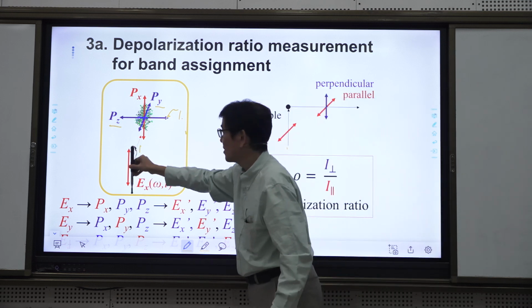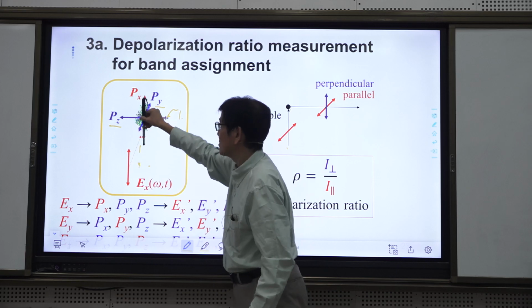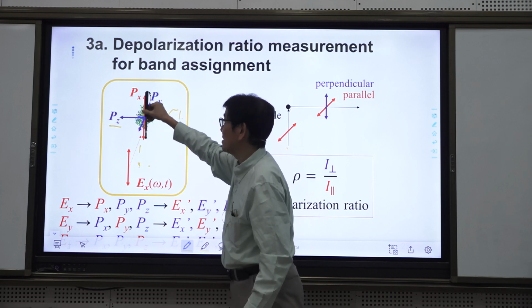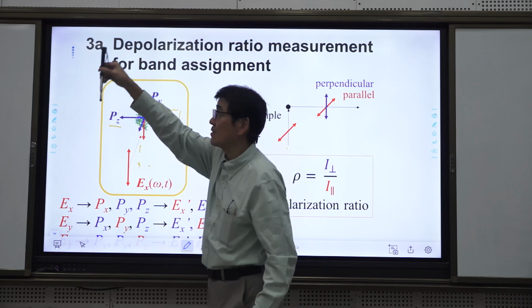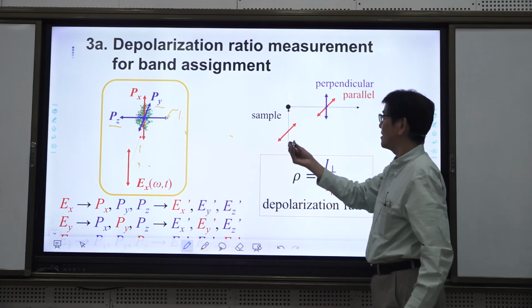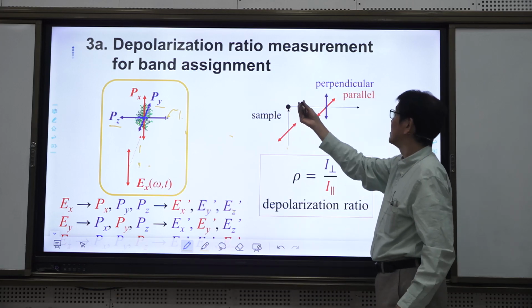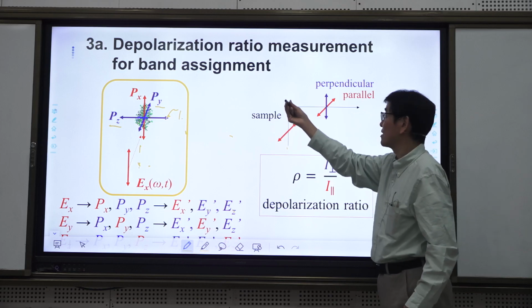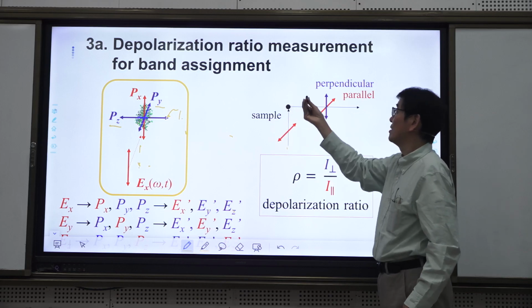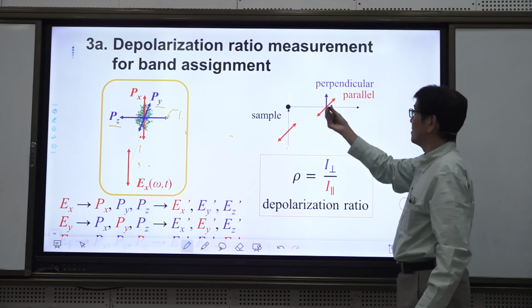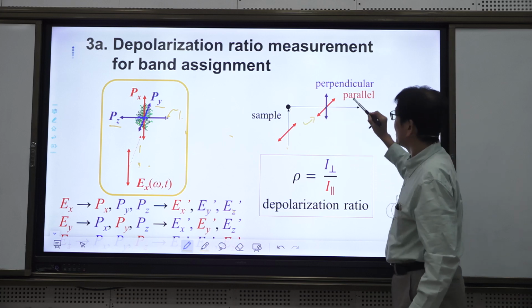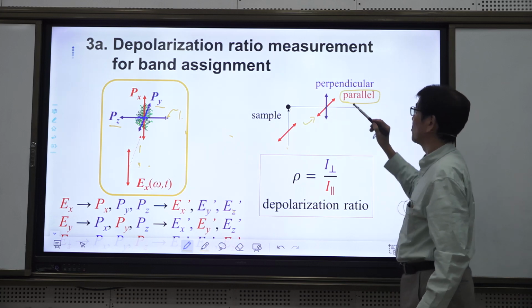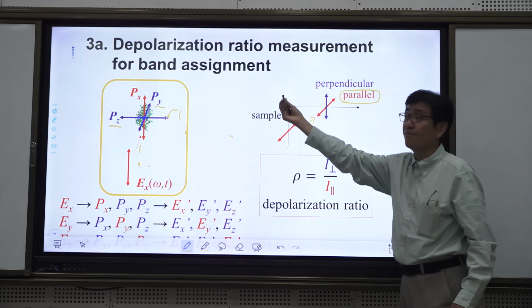If X polarization induces polarization along the X axis and it emits X scattered light, then this polarization is conserved, so the scattered light should be in this direction. This is the so-called parallel component of the scattered light.